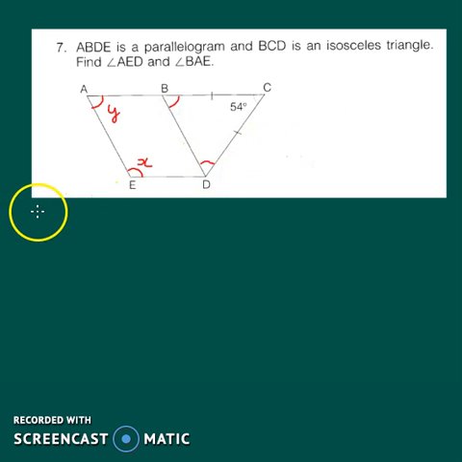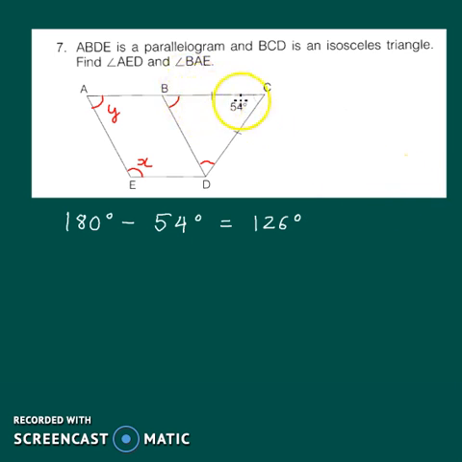Now, I know that the total of angles in a triangle is 180, and I know that angle BCD is 54, so let's find out what is left over. Well, 180 minus 54 degrees leaves us with 126 degrees.